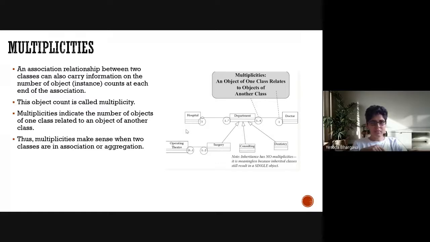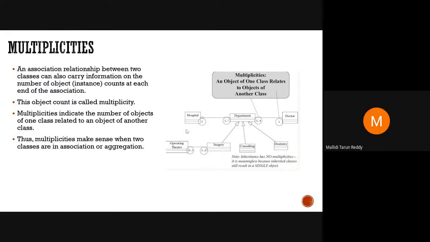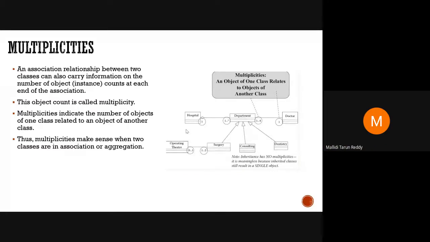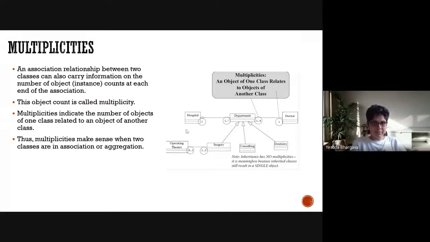One hospital, many departments. So one hospital is associated with one or many departments. And what about department and hospital? One department can have association with only one hospital.